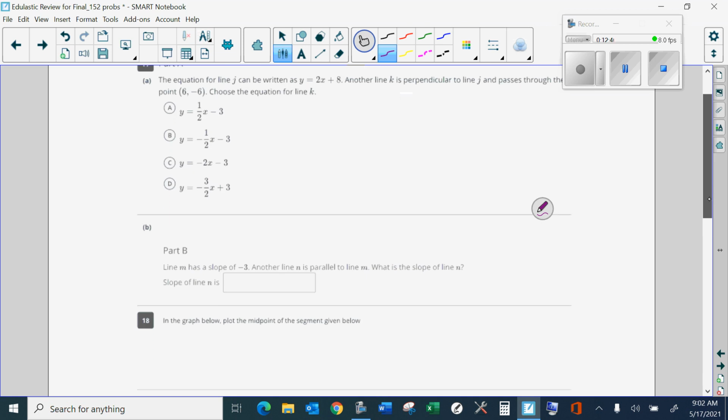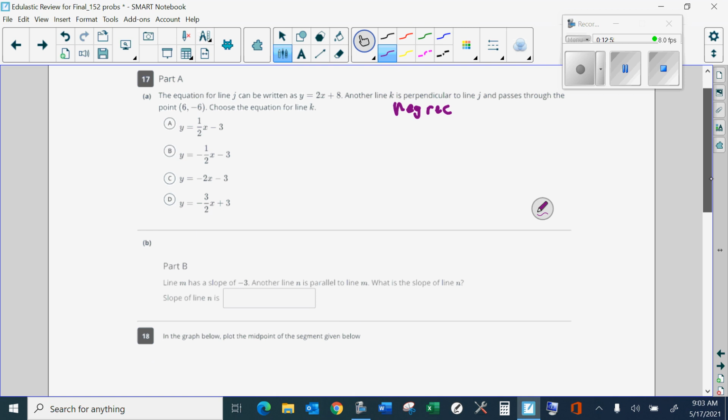We have a line in slope-intercept form. Another line is perpendicular, so I should automatically write the negative reciprocal, and it passes through the point -6, 6. Choose the equation. So we need the slope. The parallel slope is 2, so the perpendicular slope is -1/2, the negative reciprocal. Okay, so we have the slope and a point, 6, -6.